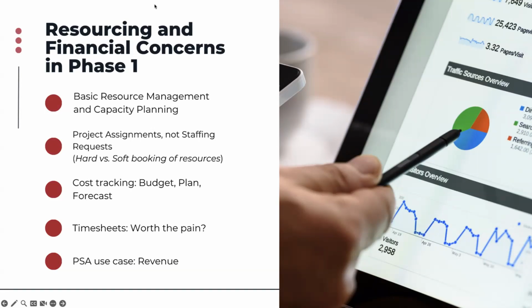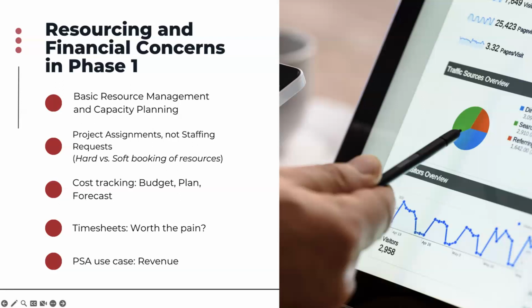So when it comes to project assignments and staffing and hard versus soft booking of resources, project assignments involve allocating specific resources to tasks or projects, whereas staffing requests are focused on securing resources for future projects or tasks, which may not yet have a clearly defined scope or timeline. However, when we talk about hard booking resources, it is a firm allocation of resources to a project, ensuring their commitment and availability.